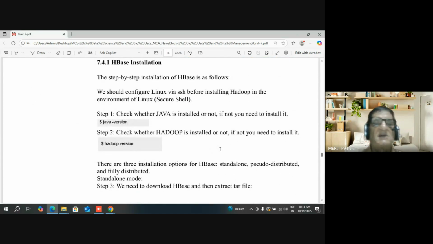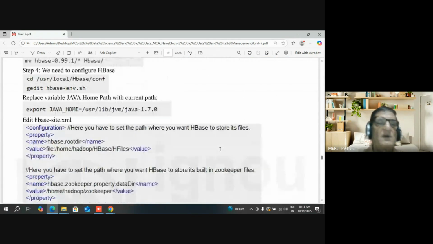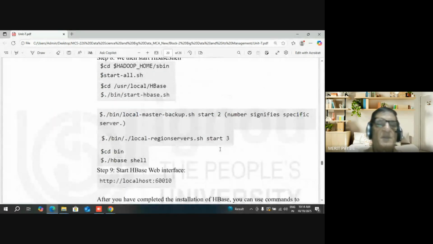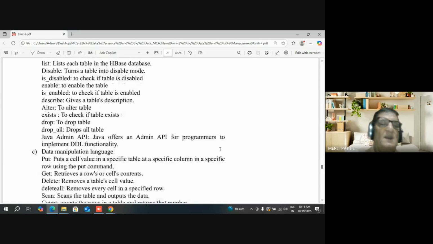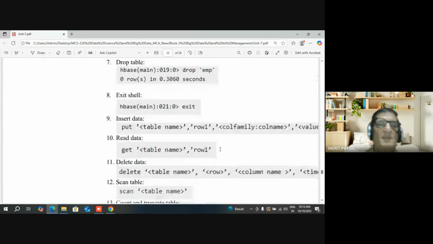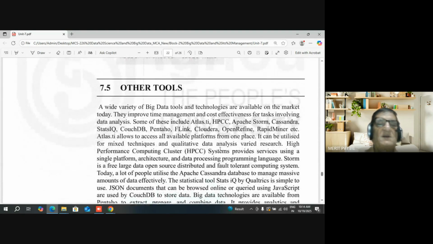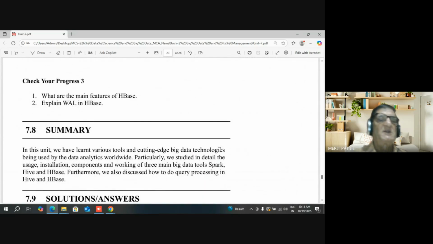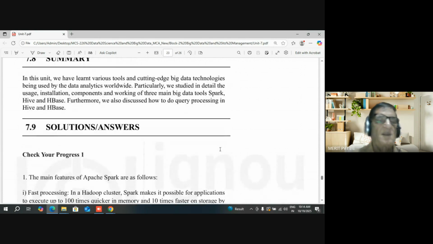HBase installation is again program दिया हुआ है. सारा everything is working with HBase. ये भी बताया हुआ है उसको प्रोग्राम के साथ. Other tools, उसमें भी उन्होंने program बता दी है, brief mentions are there, and that's it.